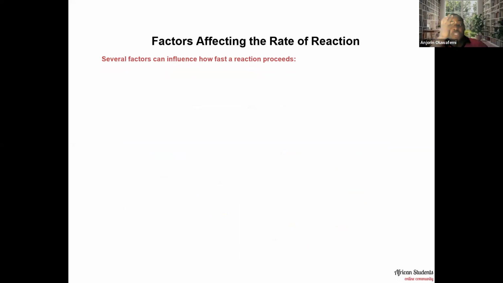So several factors can actually influence how fast a reaction proceeds. So what are the factors affecting the rate of chemical reaction? Number one, concentration of reactants affects the rate of reaction. So if you have a reactant that is highly concentrated, it may also impact on the rate of the reaction.